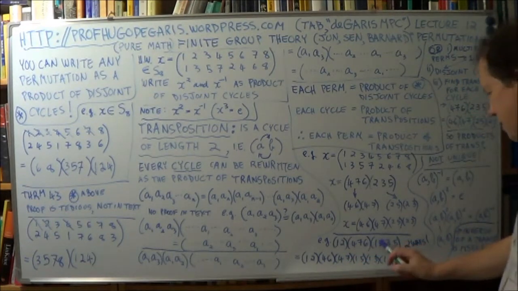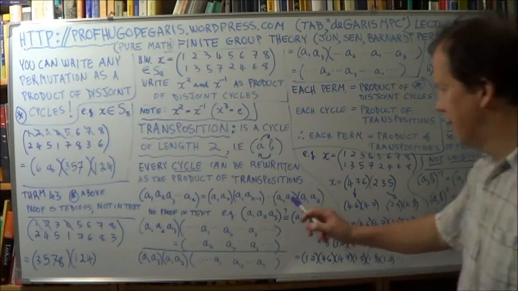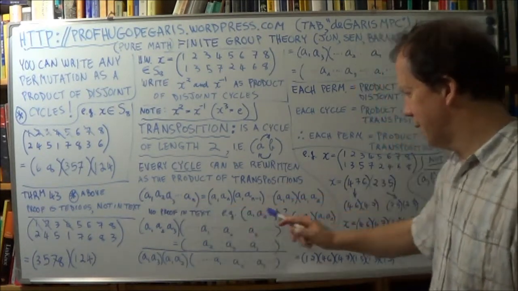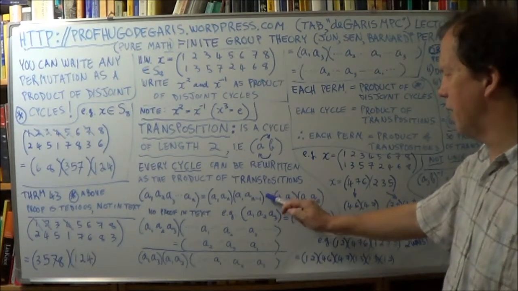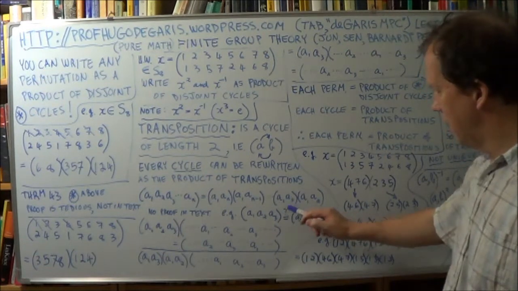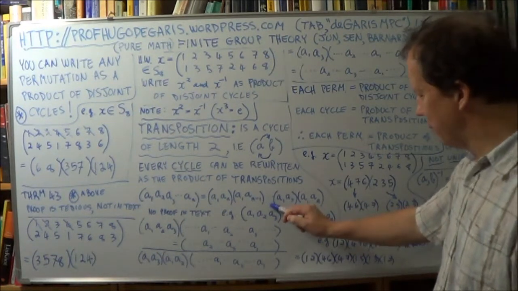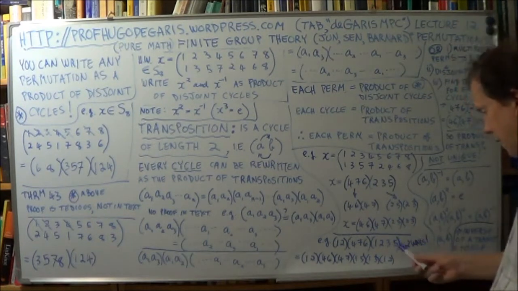Now it's a bit more complicated. Now we've got 4. So the next transposition here would be A1, A4. So A1, A2, A1, A3, A1, A4. So you've got a cycle of length 4 now.